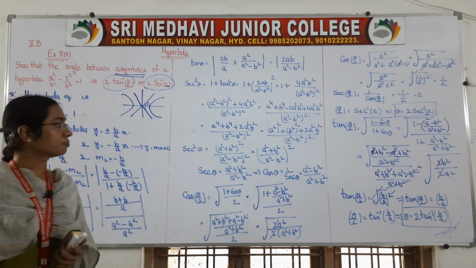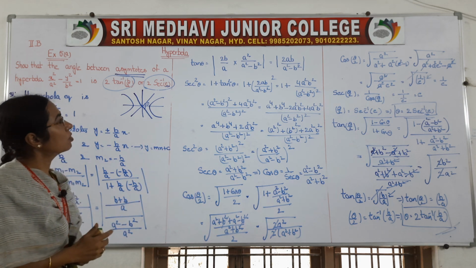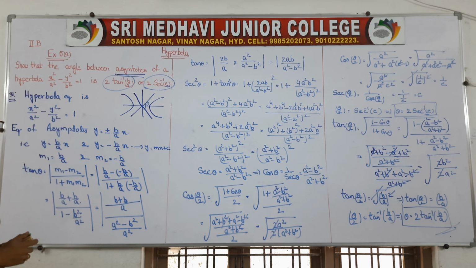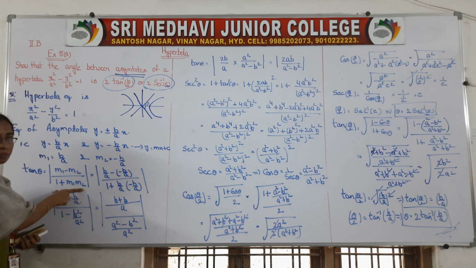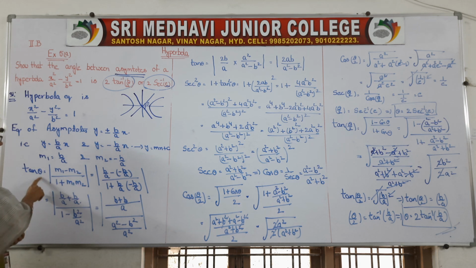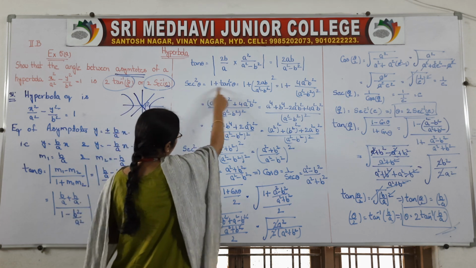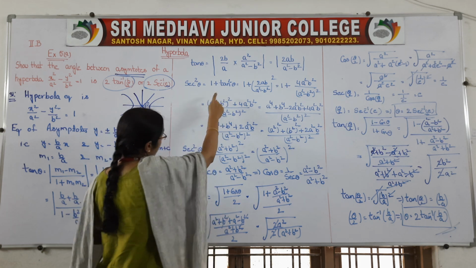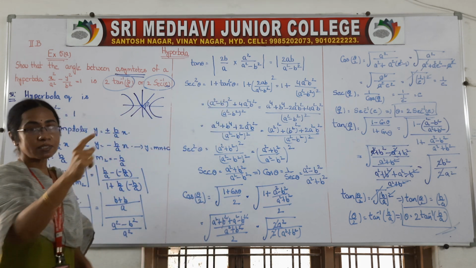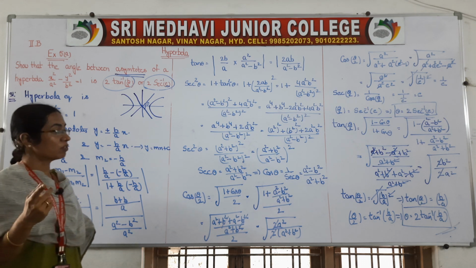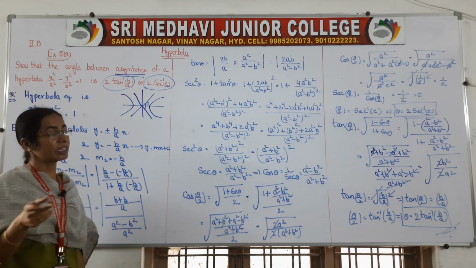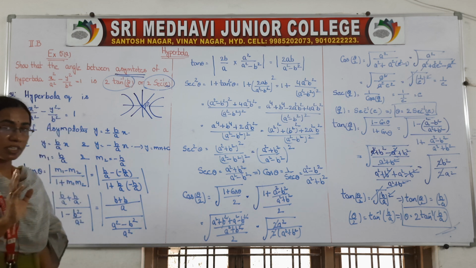So which concepts did we use here? We took the tan theta angle formula. Whenever theta is the angle, tan of the angle is equal to modulus of m1 minus m2 by 1 plus m1 m2. After that, we took one formula from trigonometry, secant square theta is equal to 1 plus tan square theta, and then applied that cos and secant are reciprocal to each other.